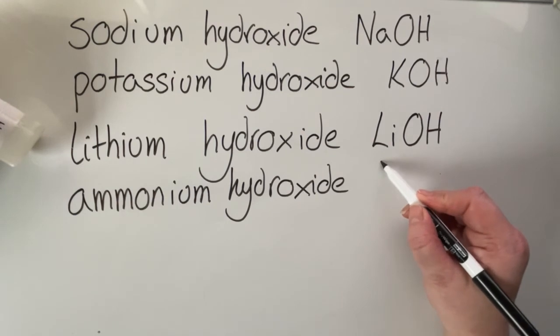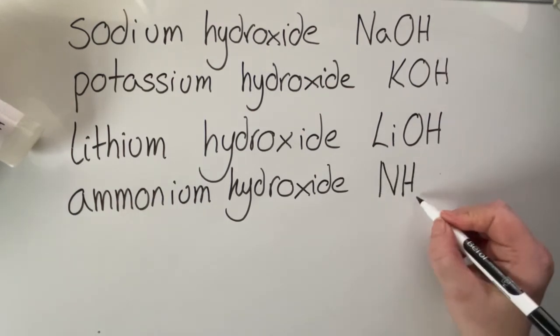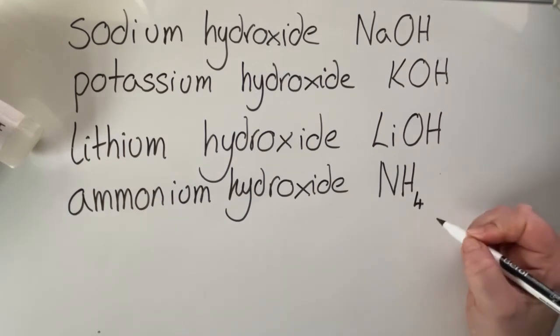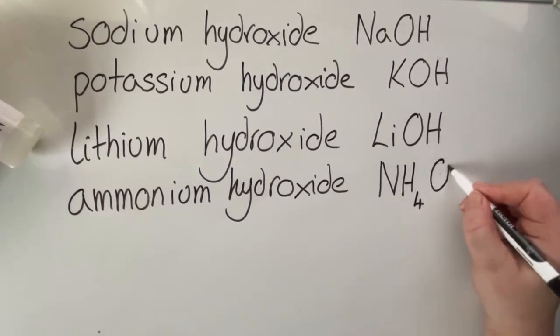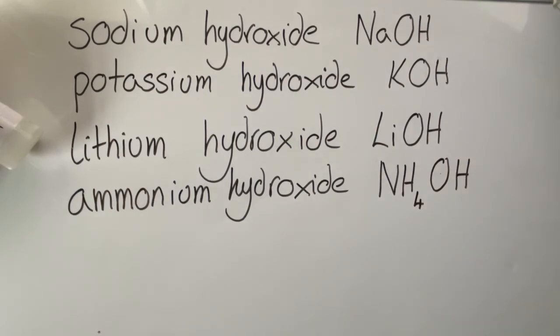The formula for ammonium hydroxide is capital N, capital H, subscript 4, capital O, capital H.